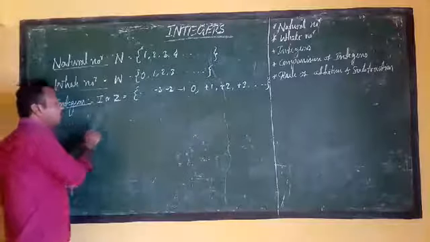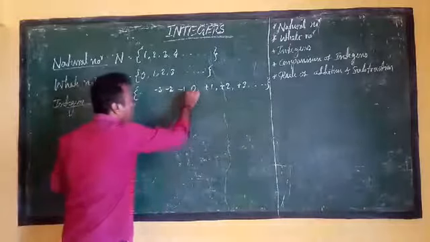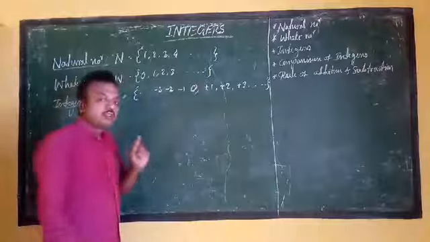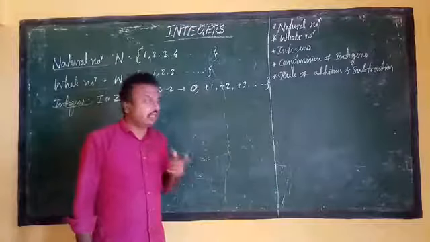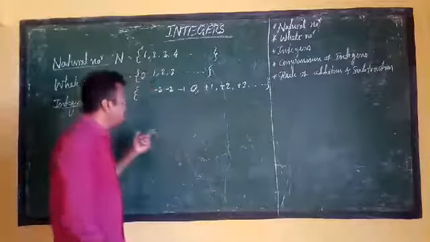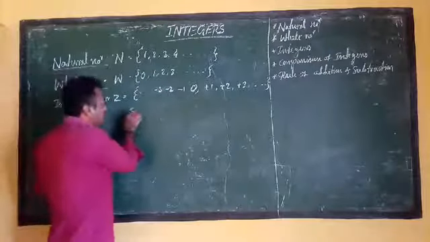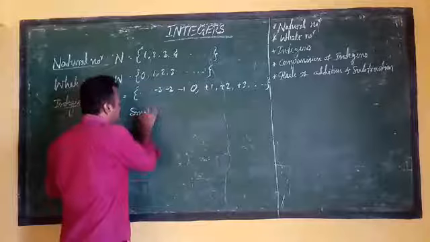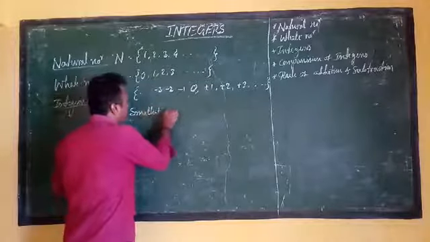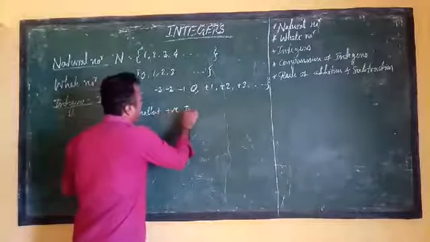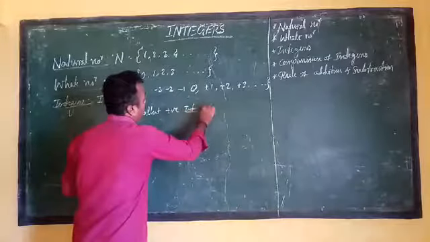See, 0 is neither a positive number nor a negative number. Now, the smallest positive integer. What is the smallest positive integer? Correct, +1.